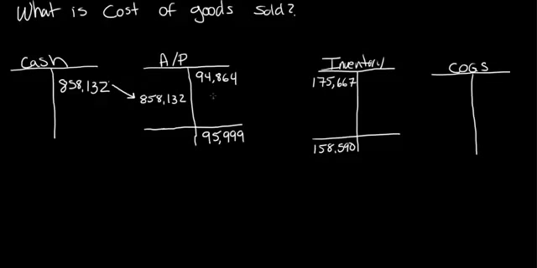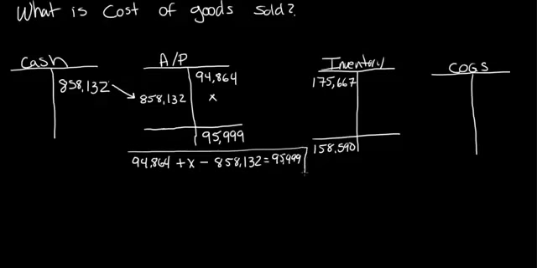Okay, so there is some number X such that 94,864 plus X minus 858,132 equals 95,999. Let me put a little bracket around that.